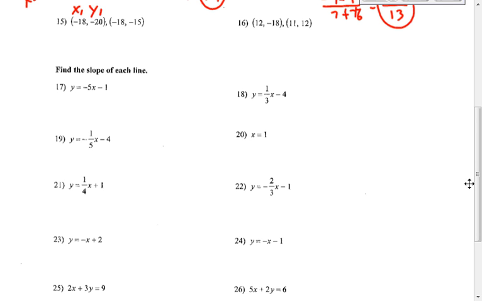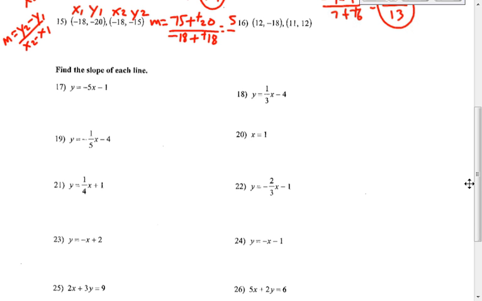x1, y1, x2, y2. The slope formula is y2 minus y1 over x2 minus x1. So this becomes a substitution problem. We have negative 15 minus a negative 20 over negative 18, which is x2, minus x1. So a little bit different here. Negative 15 plus 20 is 5.